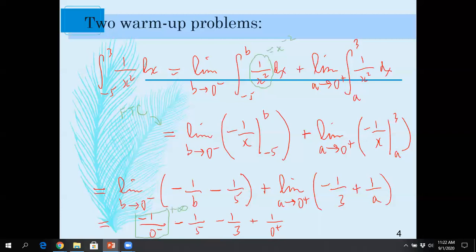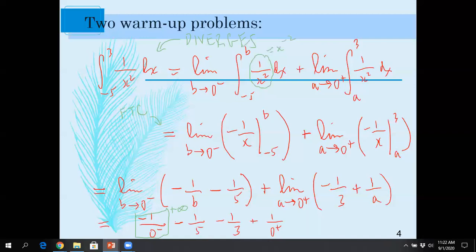And by the way, at that point, you're done. Once you have one thing that's basically infinity, you're done. You say that this integral diverges. I don't even have to look at the other stuff.